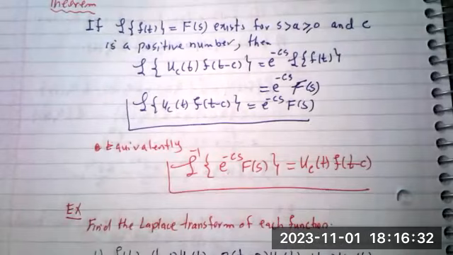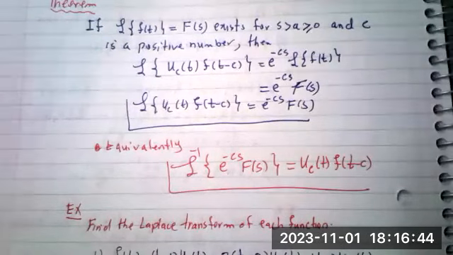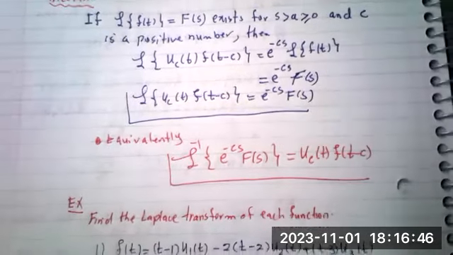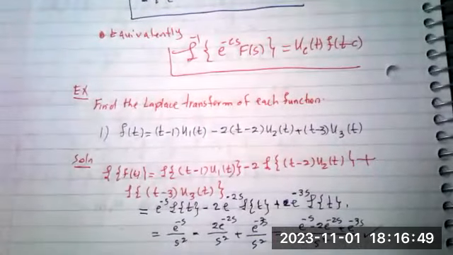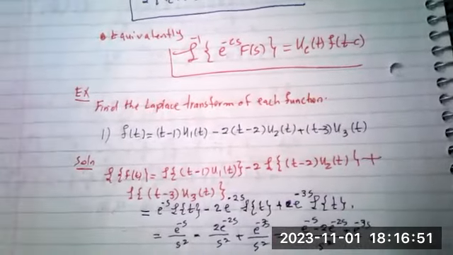So it must be matched: the base and the t minus c must match each other. Then, because of the u, you get e to the negative cs times the Laplace of the function. That was the one where everything was ready for you.